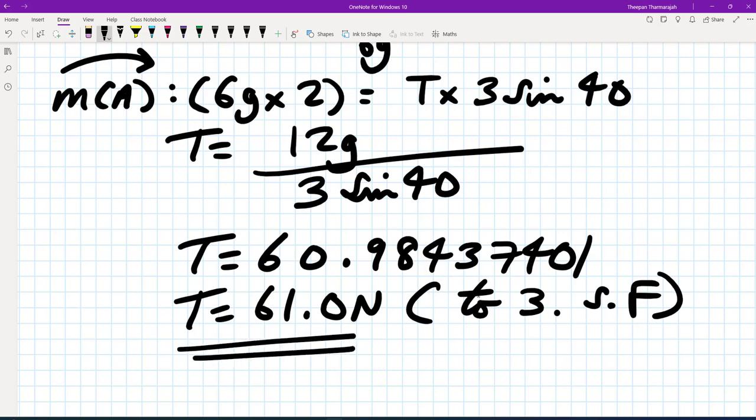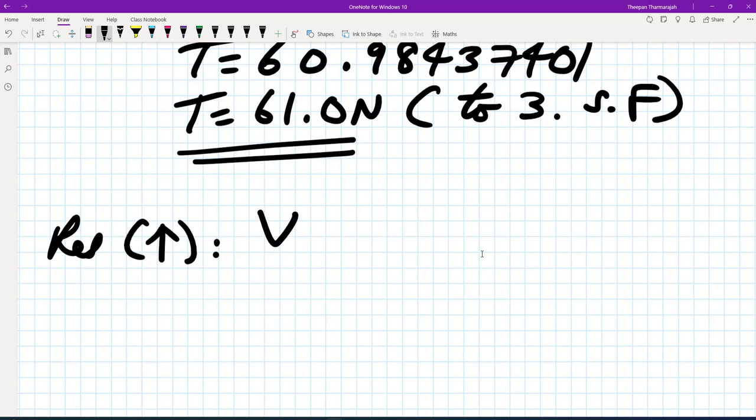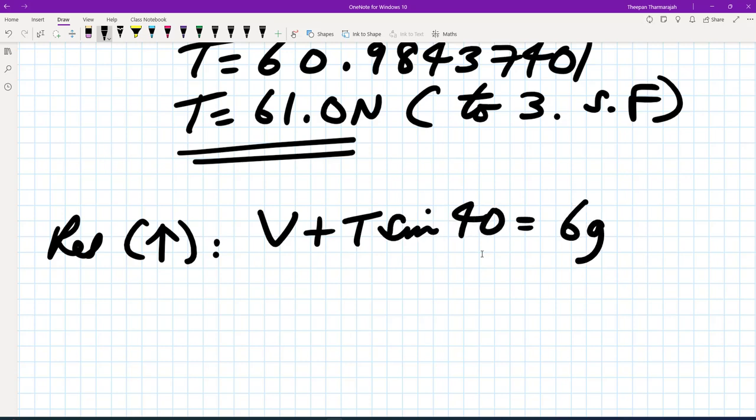Now what we're going to do is resolve vertically and horizontally. Resolving vertically, I'm going to get V plus T sine 40 equals 6g. So V is 6g minus T sine 40.